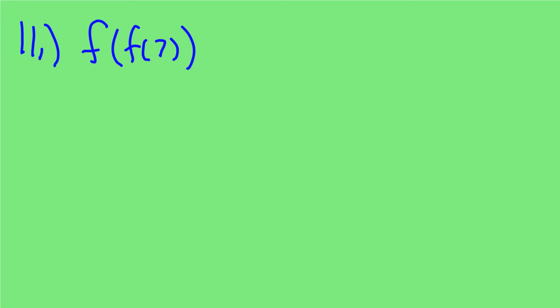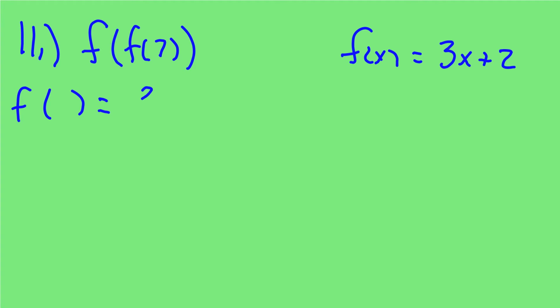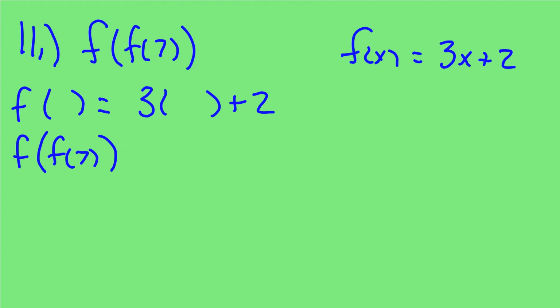Alright, so I have f of f of 7. So remember, if f of x equals 3x plus 2, that means f of big blank space equals 3 big blank space plus 2. Now if I'm going to put an f of 7 in there, inside the parentheses I put 3 times 7 plus 2, and I still have my plus 2.